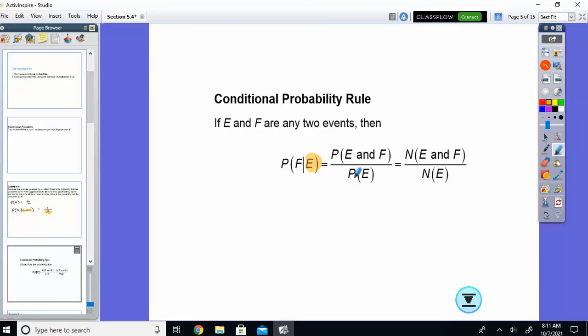When you have a given, your denominator becomes that piece. So it's no longer out of the whole. It's out of just those people that meet that condition. So we'll try a few examples of calculating these conditional probabilities.